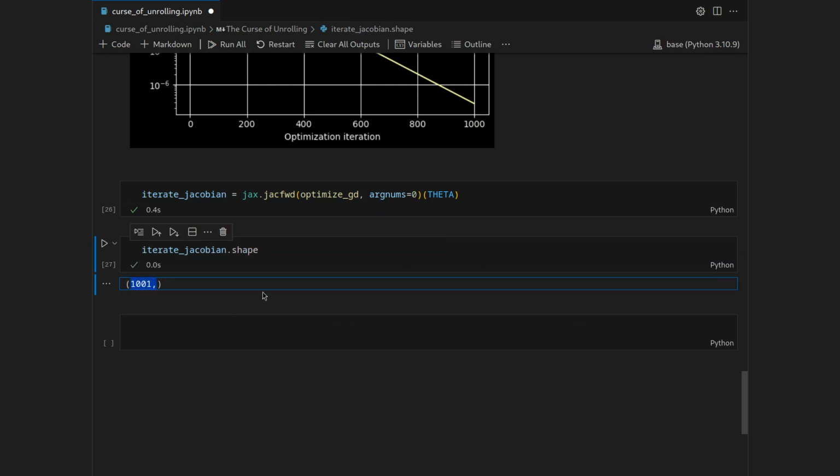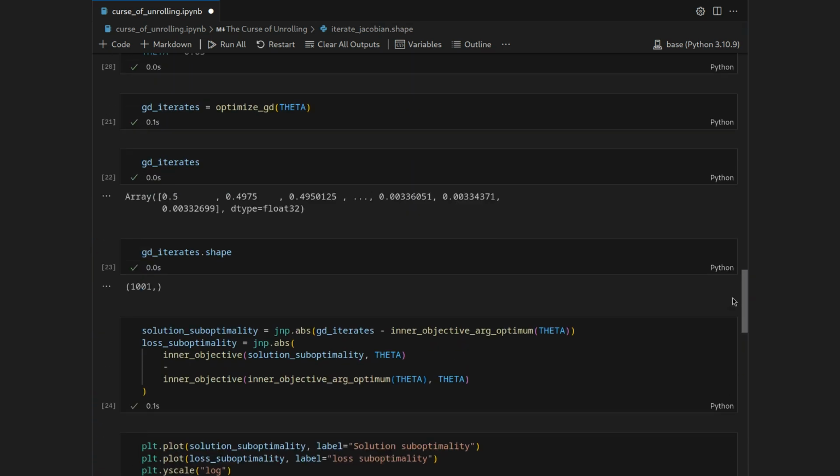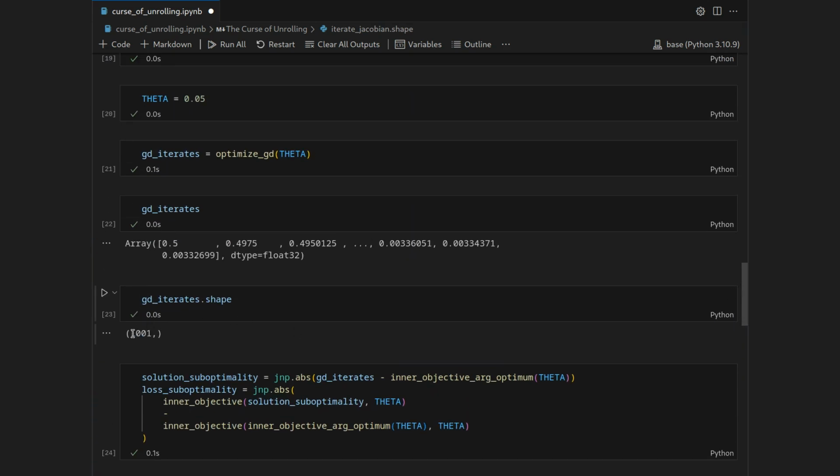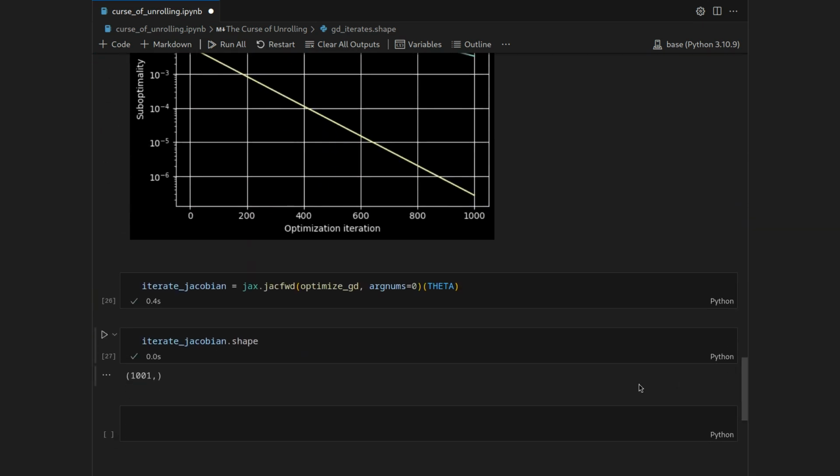I want to leave the important remark that if you do higher dimensional optimization problems, your shape will be 1001, the shape of the iterates. So for instance, if you have an optimization problem in a 50 dimensional space, this will be 50. And then the Jacobian will essentially be 1001, the shape of your iterates, which let's say is 50 again, and then the shape of theta, which could for instance be 30.